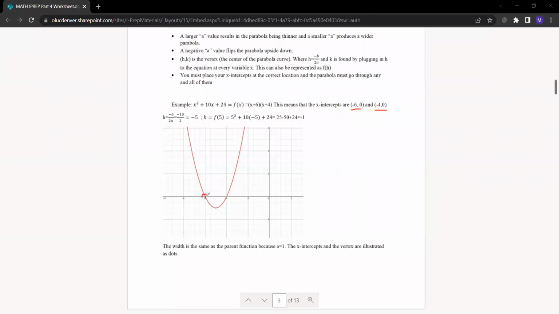Then we solve for h equals negative b over 2a, and we plug that in. Then we solve for k just by plugging in our h value to our equation, x squared plus 10x plus 24. When we get that, we get the vertex at negative 5, negative 1, and there's that.